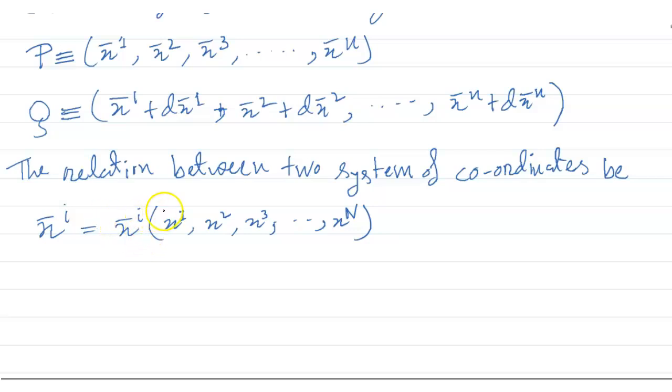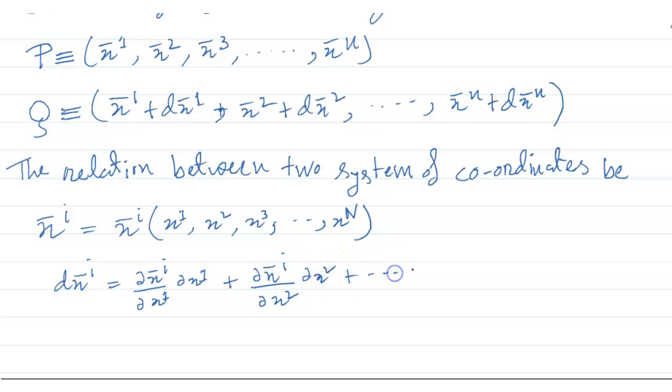Now I can write dx bar superscript I equals del x bar I by del x to the power 1 into dx to the power 1, plus del x bar I divided by del x2 into dx2, and so on up to del x bar I divided by del x superscript n into dx superscript n.